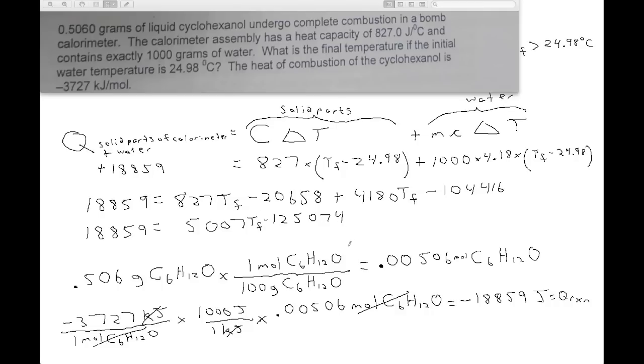That's what we get when we collect terms. Then we move this term to the left-hand side. And we divide.